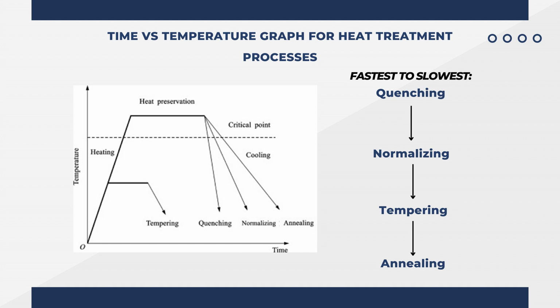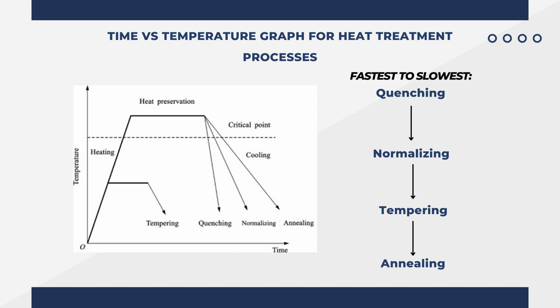Moving on to the time versus temperature graph for heat treatment processes, where I'm going to be visualizing the heat treatment methods from the fastest to the slowest. Using this graph, I'm going to be relating the time that each heat treatment method takes to cool down the metal, and comparing it to the results of each treatment. So for quenching, the cooling rate is the fastest, which results in martensite, which gives the highest hardness but lowest ductility.